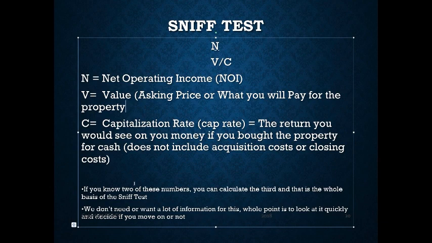We don't need or want a lot of information for the sniff test. What we're trying to do is to quickly see if this makes any sense for us or not. All right? So what we're typically going to do, let me see if I can move this down.